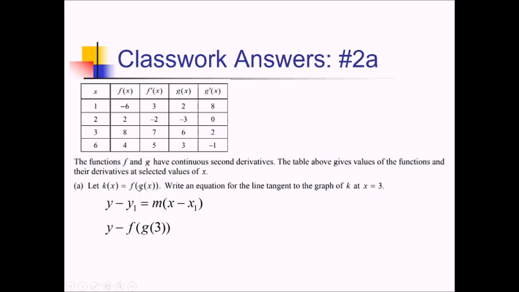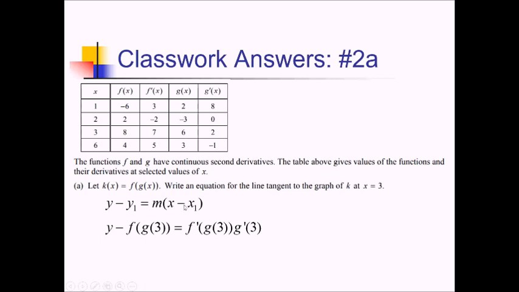For that, we're going to need a chain rule, which in general would be f prime of g times g prime of x. So this is going to be f prime of g of 3 times g prime of 3. So this whole thing is going to be our slope when we figure out what it is.